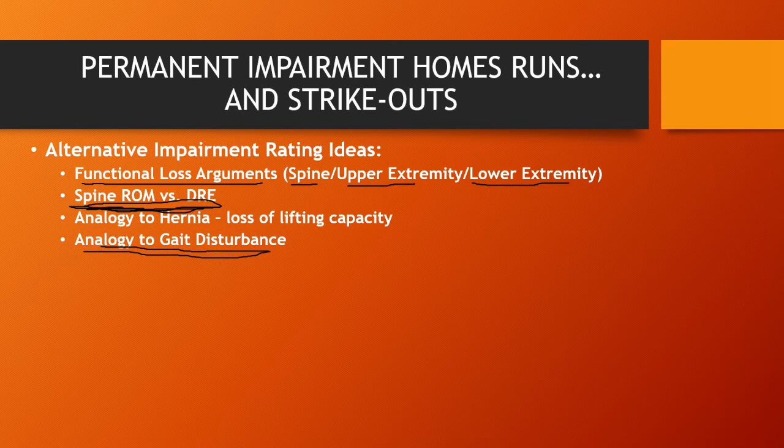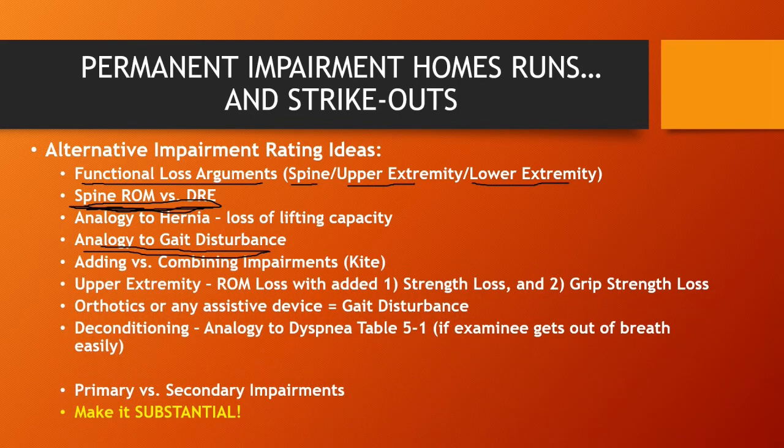But the agreed medical evaluator created an analogy to gait disturbance, which then allowed for a 7% whole person impairment rating, which otherwise would have qualified only for a 0% whole person impairment rating.